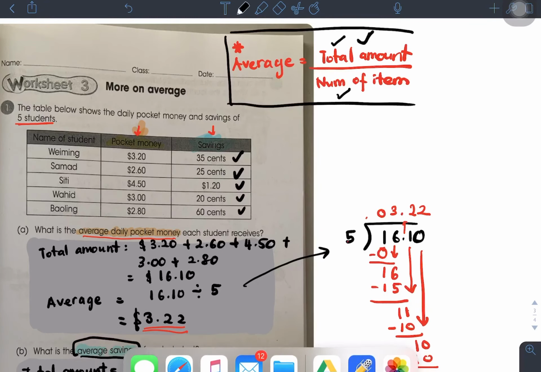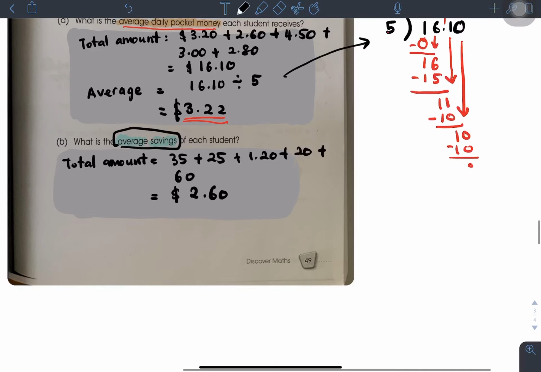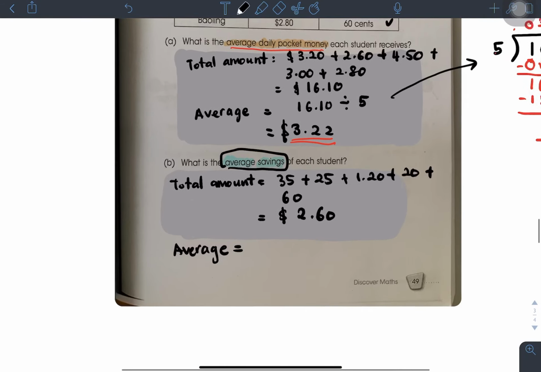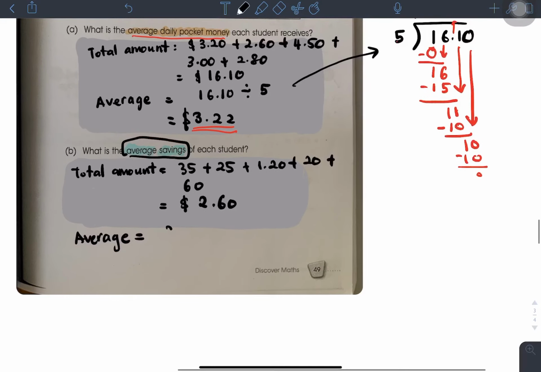Now can we find the average? The average will be total amount divided by number of items. We know the total amount is 2.6. We also know that the number of items is 5.